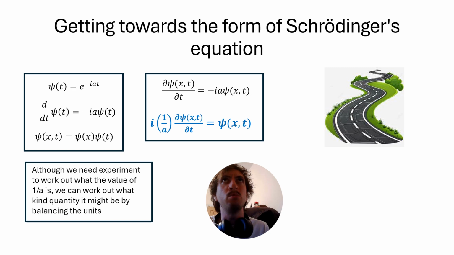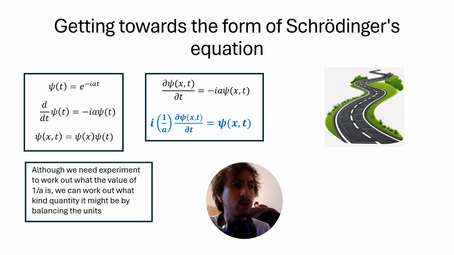So really probability density should be unitless, meaning our wave function, which is the square root of our probability density, also wouldn't have any units. But either way, to balance the units on either side of our equation in blue, we require that A times t doesn't have any units.